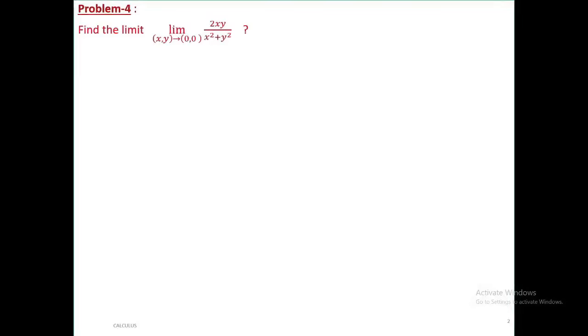Find the limit of 2xy upon x square plus y square as (x, y) tends to (0, 0). In this there are two ways. First, while substituting the limit, if you are getting 0 by 0 or infinity by infinity form, you have two techniques. One is to simplify the function.